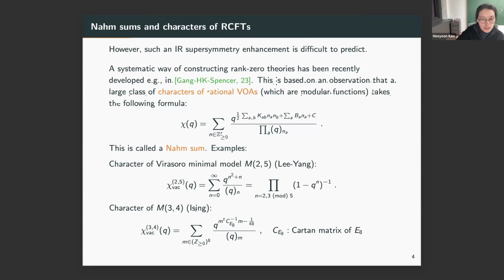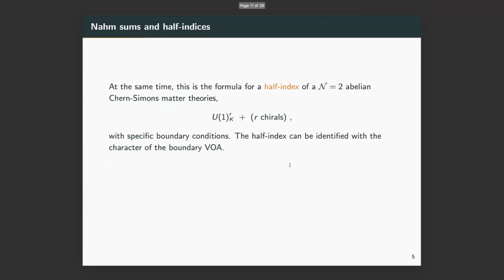And interestingly, the critical Ising model, M(3,4), also takes this form, where this R by R matrix K is nothing but 2 times the inverse of the Cartan matrix of the E8 algebra... of the A algebra. So there are some interesting formulas that relate this form of the Nahm sum and the rational vertex operator algebra, or a more general class of vertex operator algebras.